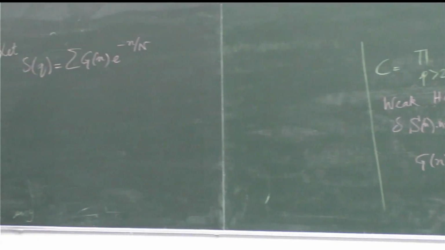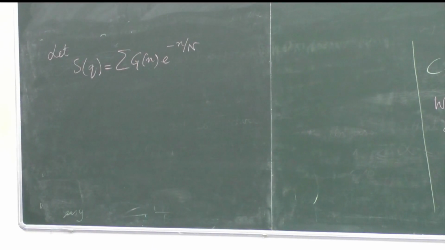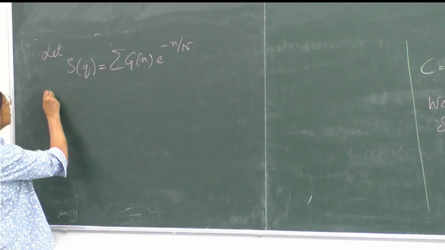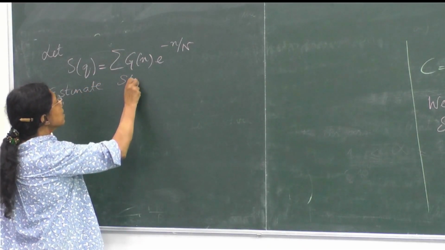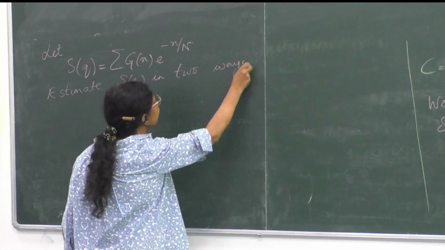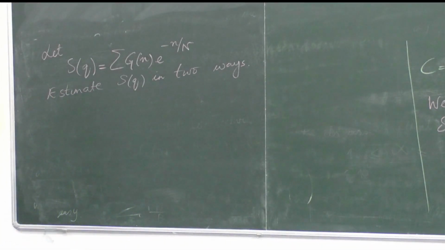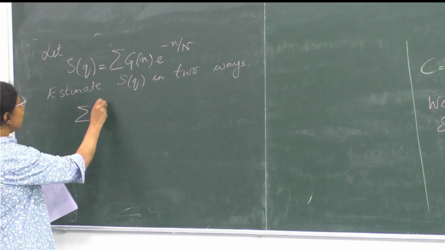And then they estimate this S of Q in two ways. On one side, they use the known results. So on one side, they have something like this.